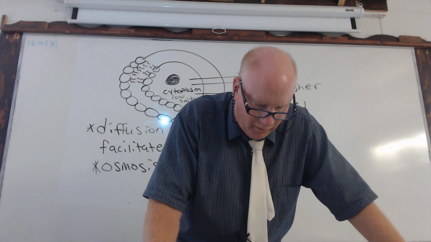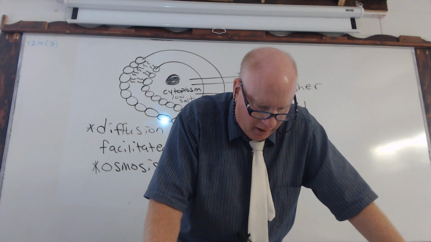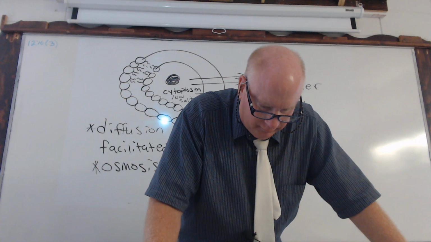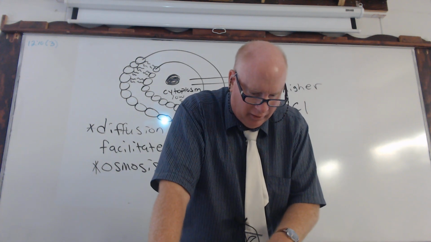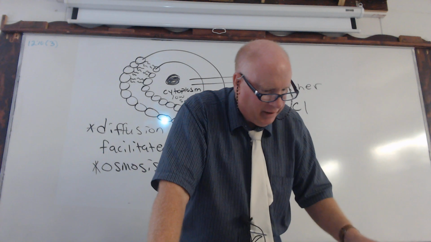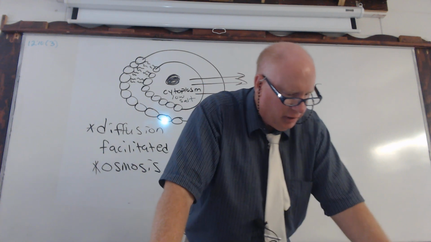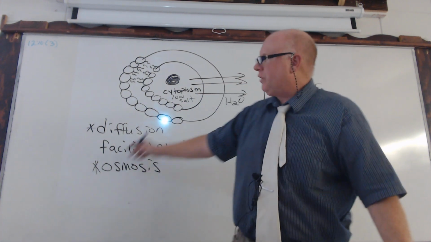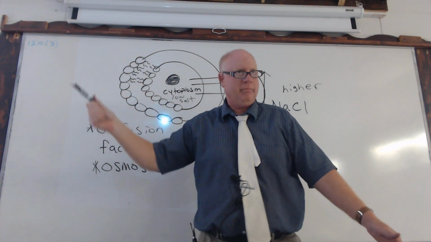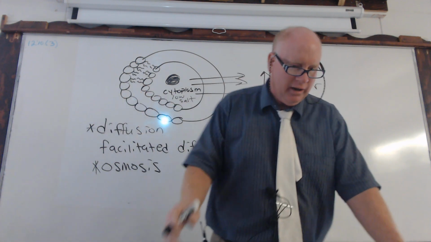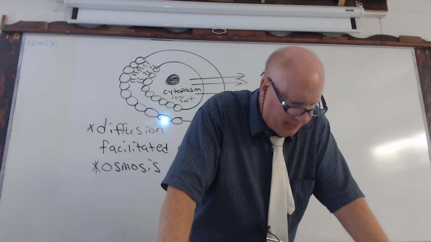Okay. Control of how and when, and how much of these substances enter and leave the cell relies on the structure of the plasma membrane. So what you see there in figure 6 is what we're trying to illustrate up here. It's not an exact replica, but hopefully we can see the idea.